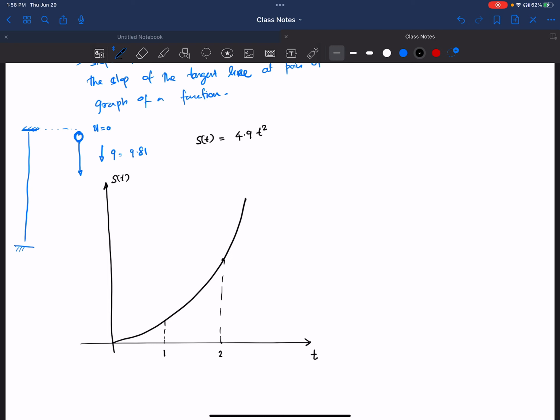Now, if I was to find the average velocity in between t equals 1 and 2, we have here s of 2 and s of 1. So average velocity is equal to change in displacement divided by change in time, right?